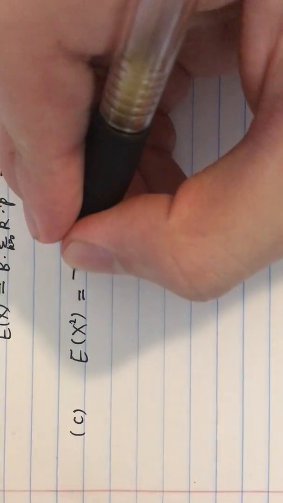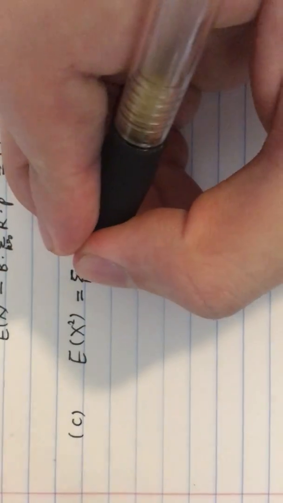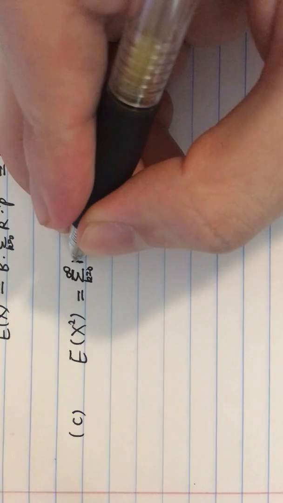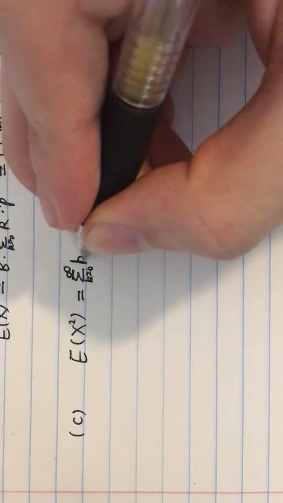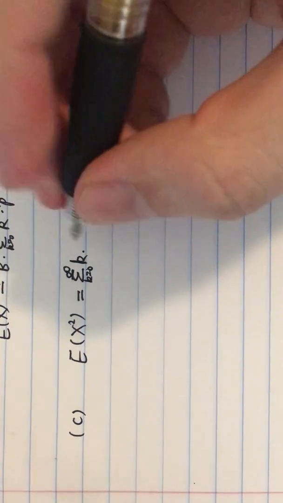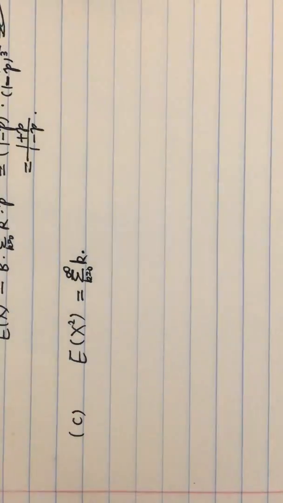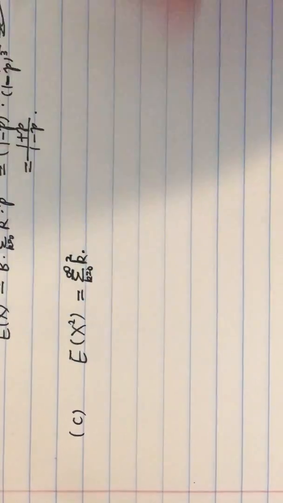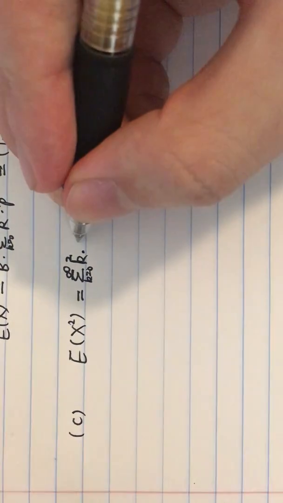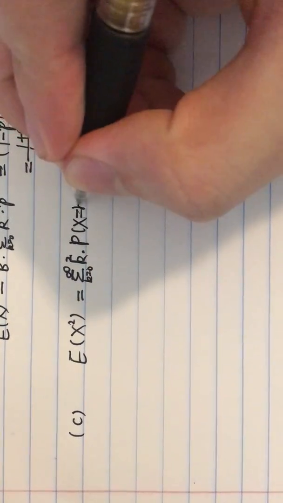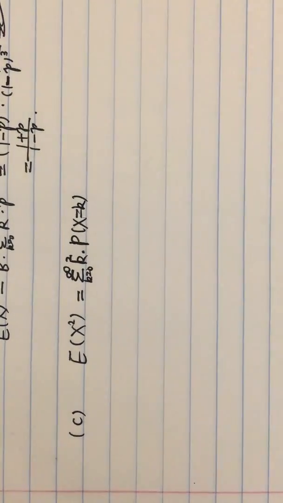This equals the sum from k equals 0 to infinity of k to the power of 2 times the probability.